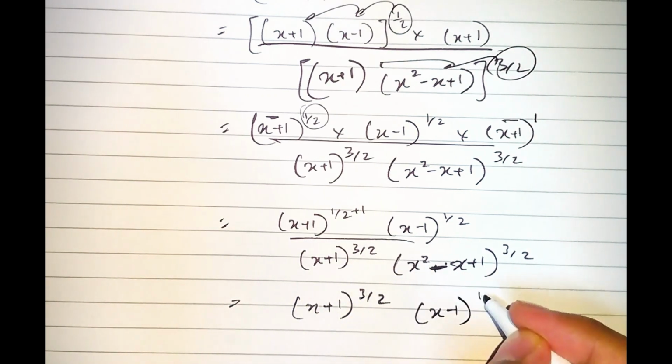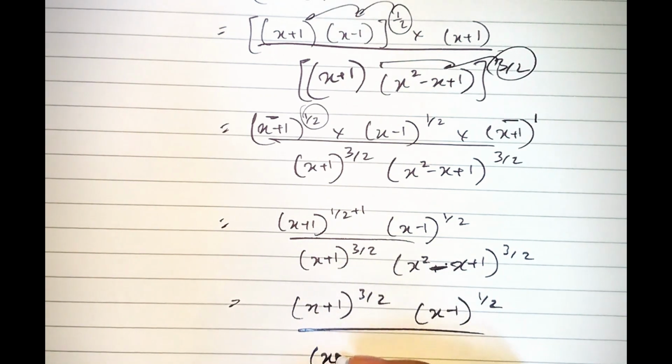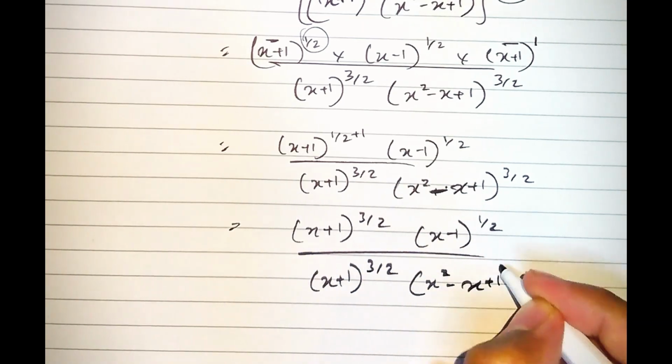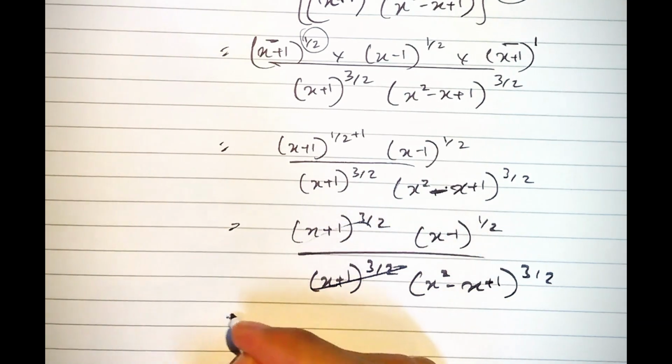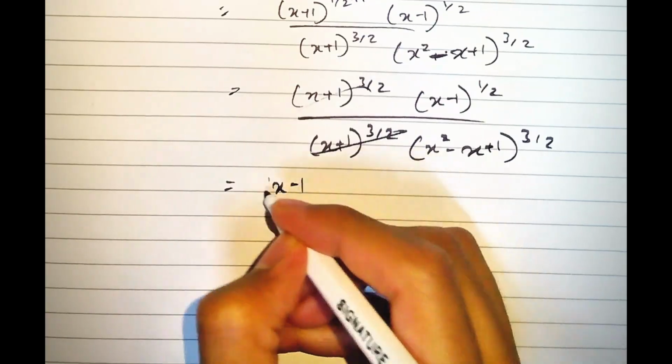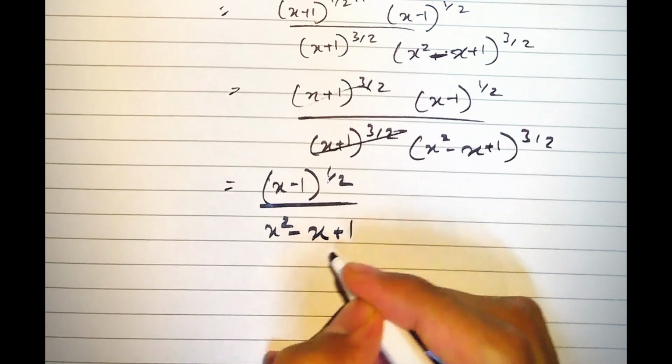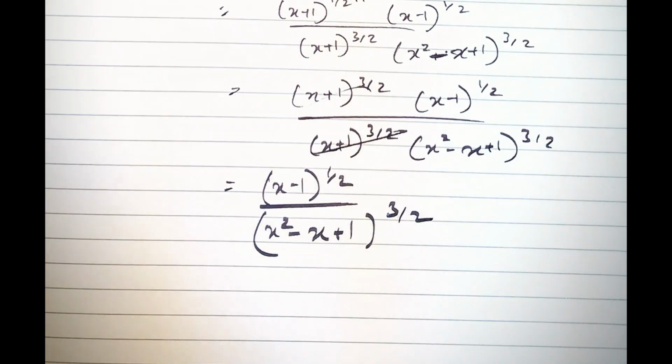Okay, so these terms are cancelled and we are left with x minus 1 to the power 1 divided by 2 and x squared minus x plus 1 to the power 3 by 2. So this is the final form of this question.